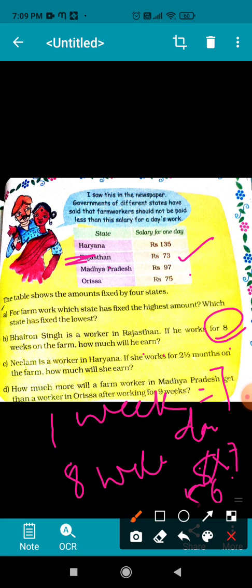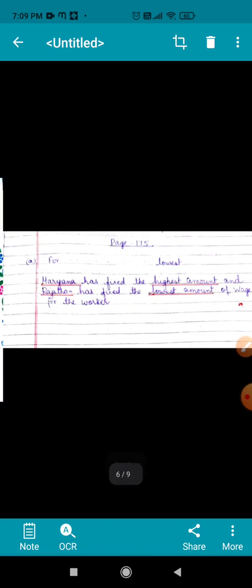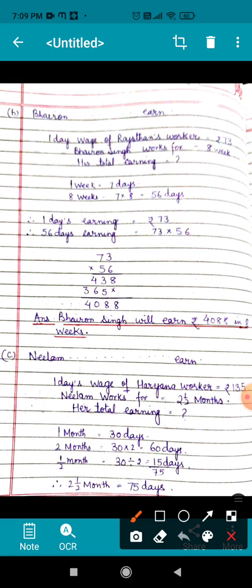Children, for 1 day 73 rupees and for 56 days, here you can see I have done for you. 1 week has 7 days, 8 weeks has 56 days. 1 day's earning of a Rajasthan worker is 73 rupees.